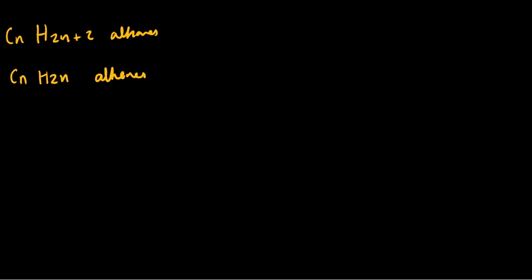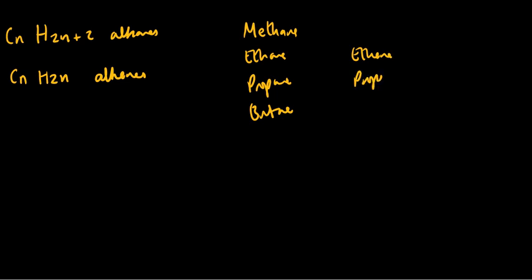Okay, so let's see if we can name the first 4 alkanes. Okay, so first 4 alkanes are methane, ethane, propane, and butane. And then see if we can name the first 3 alkenes. So that is going to be ethene, propene, and butene.